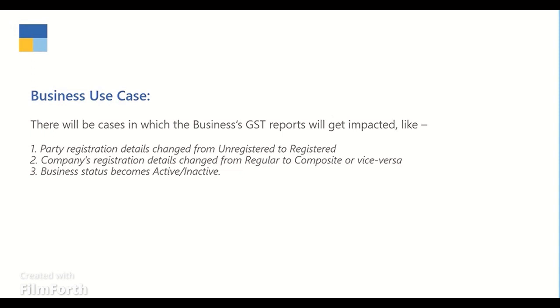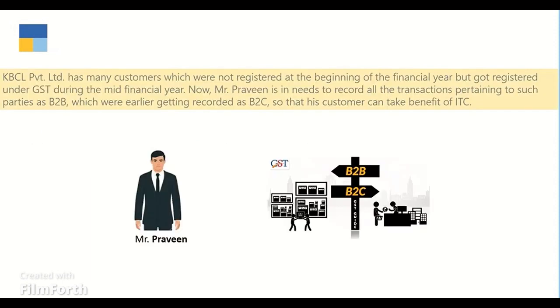And the third one is when, for some reason, the status of the GSTN becomes active or inactive. So these are three things which will impact GST reports. So how can these scenarios be handled?